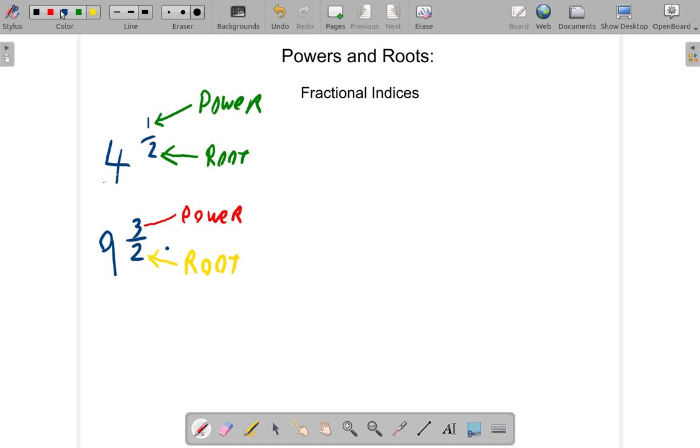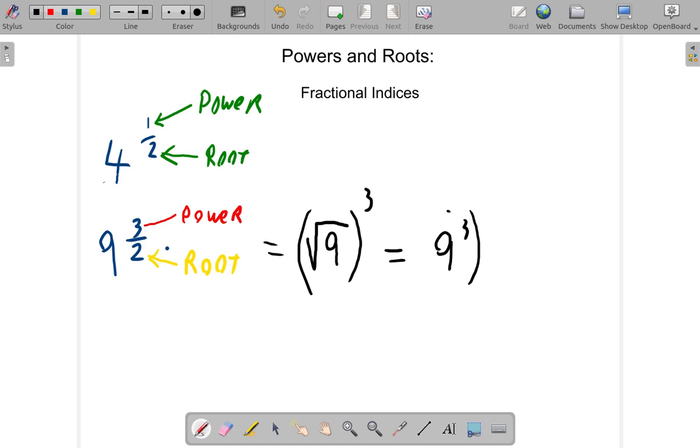Now, let's look at this. You can find the power first or the root first. Let's do it at first by finding the square root of 9, and then raising that to the power of 3. You will find that it is also equal to, if you raise 9 to the power of 3 first, and then you find the square root of that.